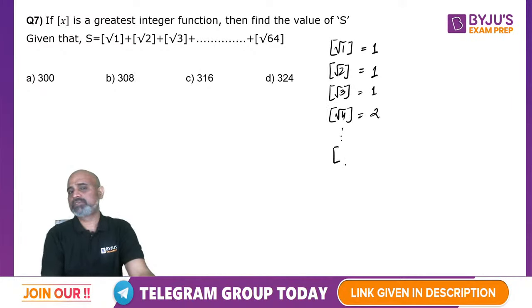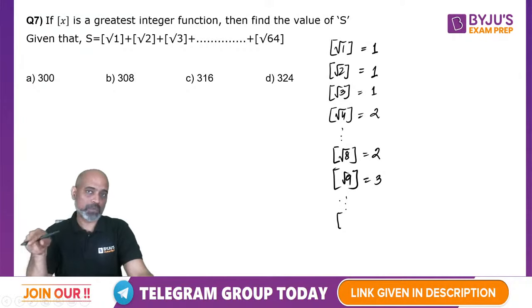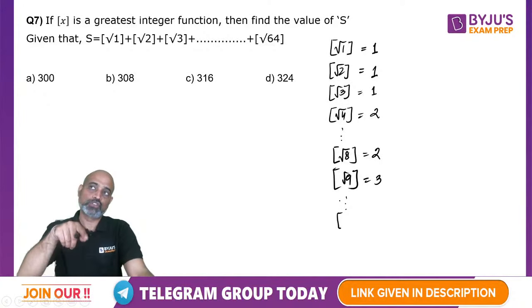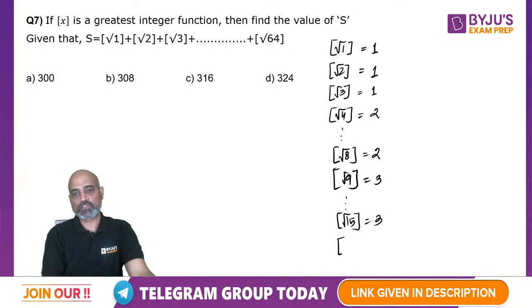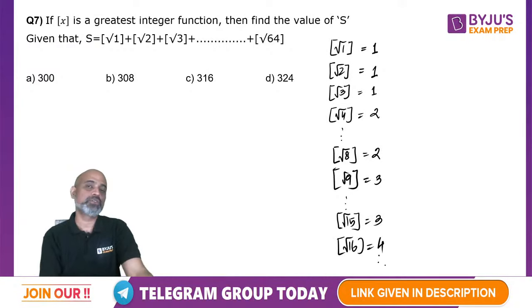The last 2 will be found at the greatest integer of square root of 8, because at the greatest integer of square root of 9, we are going to get 3. And this 3 will continue until when? Until 4 is not obtained, the numbers right before 4. You'll get a 4 when you write square root of 16, right? So up to square root of 15 you will get 3, because from greatest integer of square root of 16 you start getting 4 and this continues.